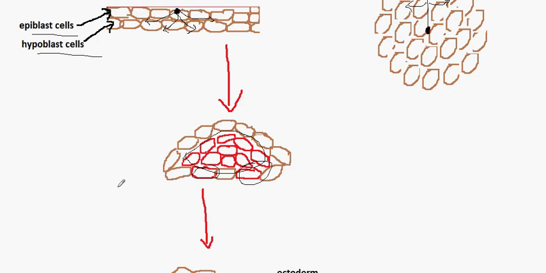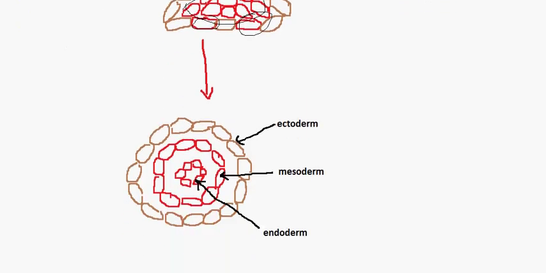Epiblast cells are growing very actively and very fast. Therefore, the epiblast cell layer is starting to bend, and also we have this accumulation of the cells which are migrating from the epiblast. As this continues, we will get the structure as we see in the germ layers diagram.